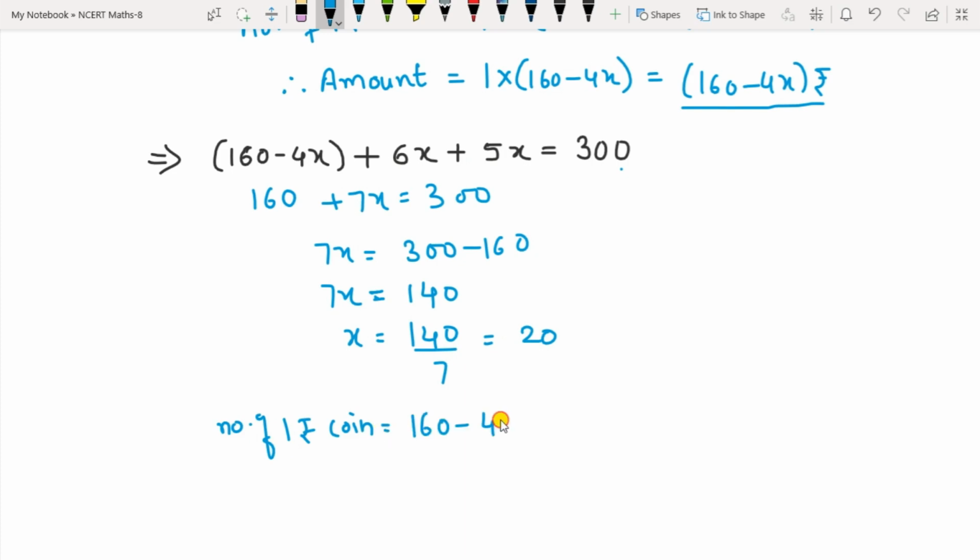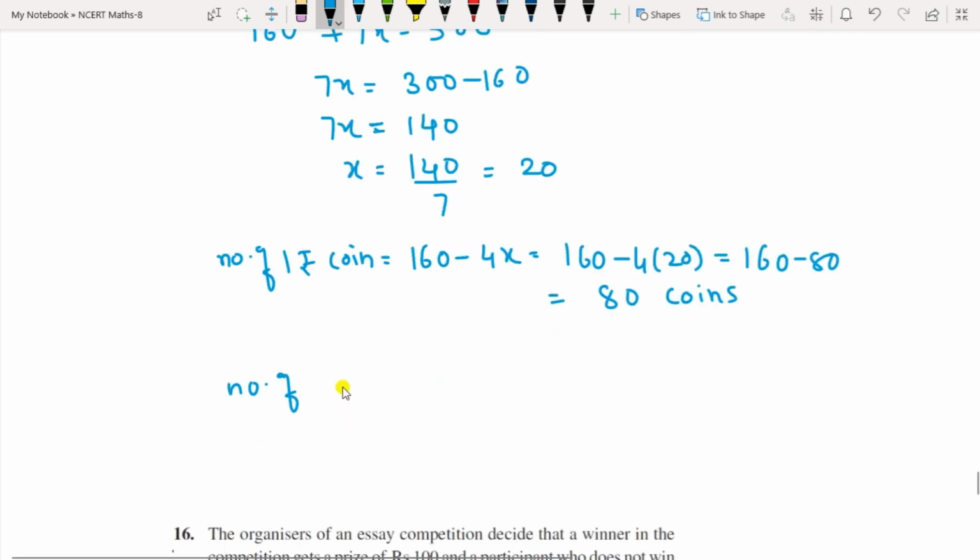Now you have to find the number of coins. The number of 1 rupee coins is 160 minus 4x, that gives 160 minus 4 into 20, so 160 minus 80, which gives 80 coins. So 1 rupee coins are 80.